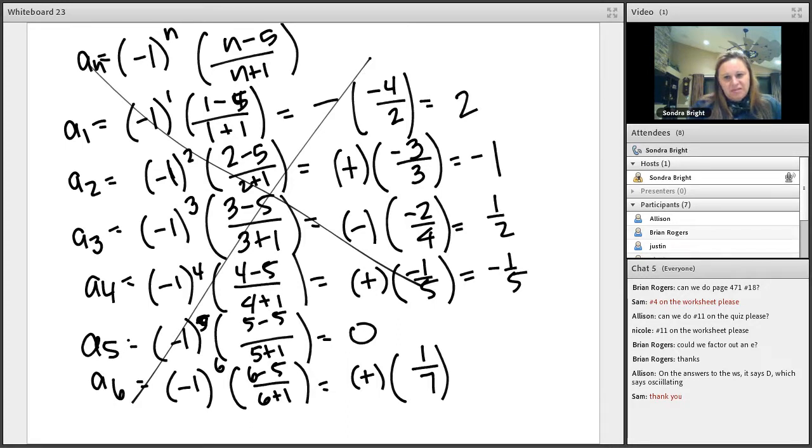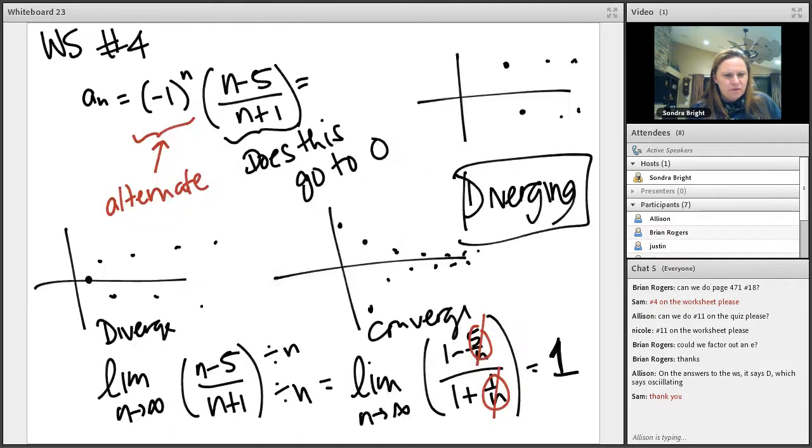I guess I can do it if you really want me to. The answer key says D, which says oscillating. For number 4, I said it diverged. My worksheet says diverges, not oscillating.